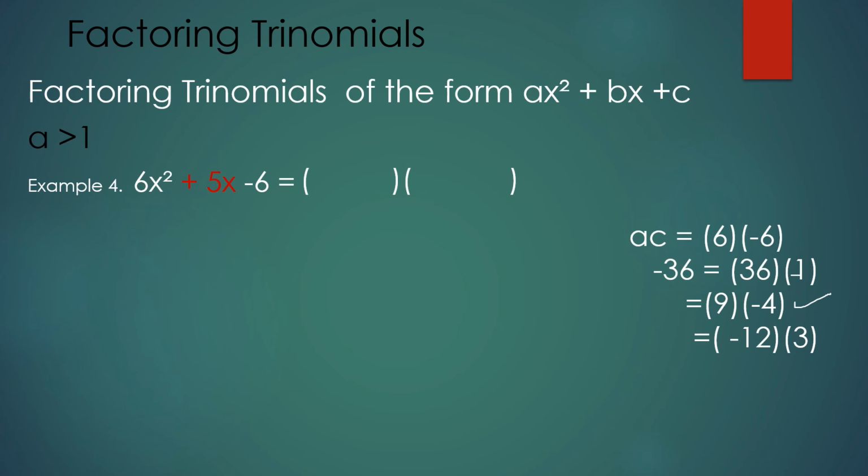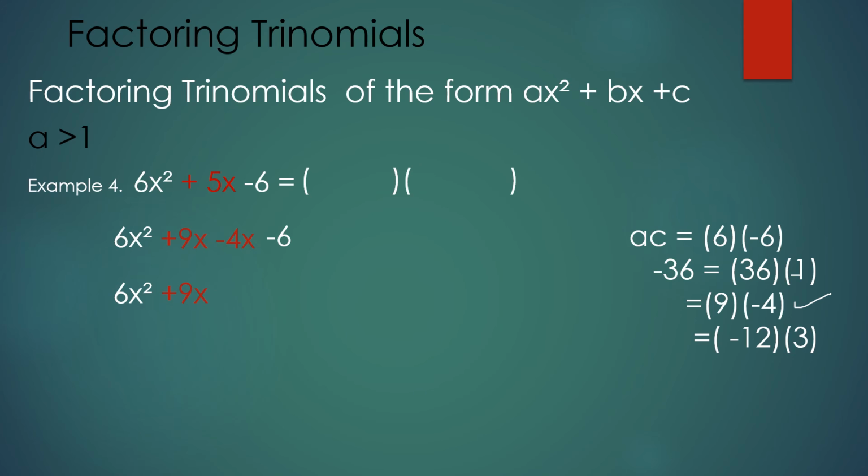So, this one. So what we are going to do next is just simply copy 6x squared, and instead of writing 5x, we can write 9x minus 4x. So copy the plus sign here, the 9x minus 4x. Also copy minus 6. And then let's proceed to the next one. We're going to group the first two terms, and that is 6x squared plus 9x.